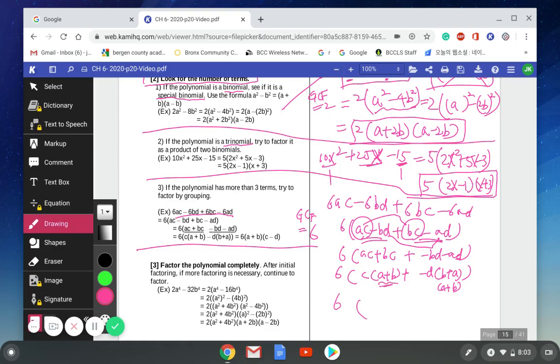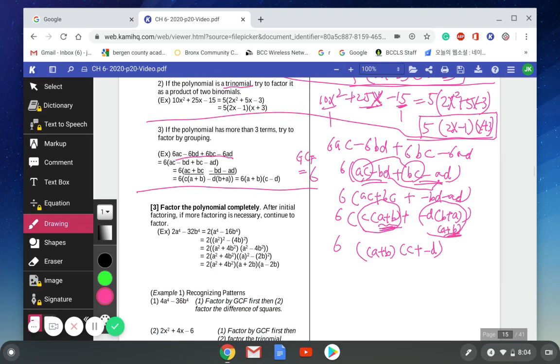Now you factor by grouping, so take A plus B out. You end up with, from the first one, C, and from the second one, negative D. So your final answer is 6 times A plus B with C minus D.